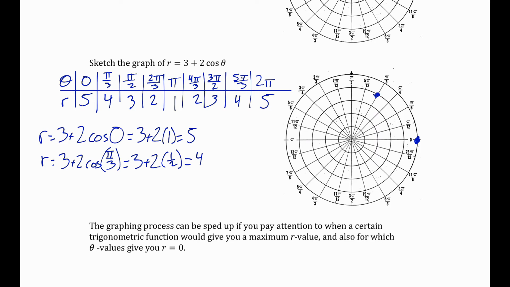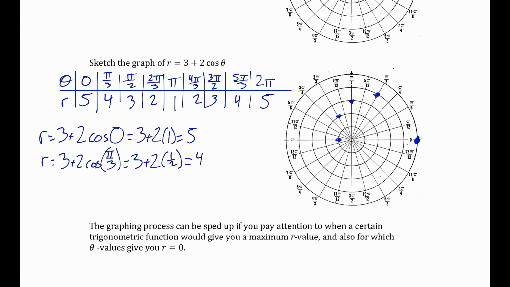Facing pi over 2, we're going to go 3 out, so our next point is there. Next point, facing 2 pi over 3, facing that direction, we're going to go 2 away. At pi, thinking about it in degrees, that's 180 degrees, facing that direction here, we're going to go 1 away from the pole.